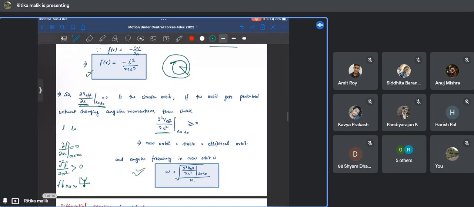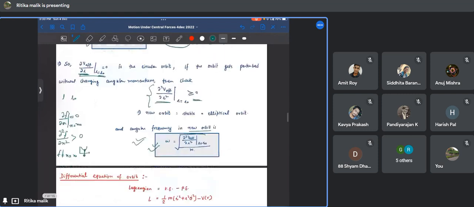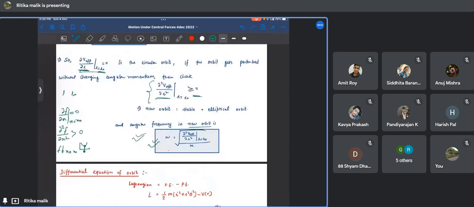So this is the oscillation frequency which is generally directly used: if you have del 2 V effective by del r square greater than 0, then the angular frequency of the new orbit can be calculated directly by this formula. So this kind of formula-based question you will encounter in the exam. This is only applicable when you initially have some orbit and it gets perturbed and then you have a new orbit. For this new orbit, this is the case.